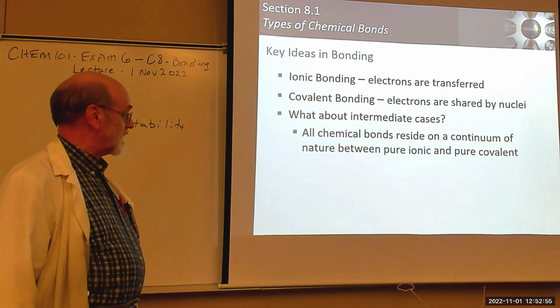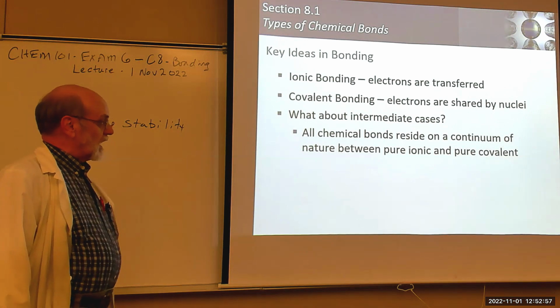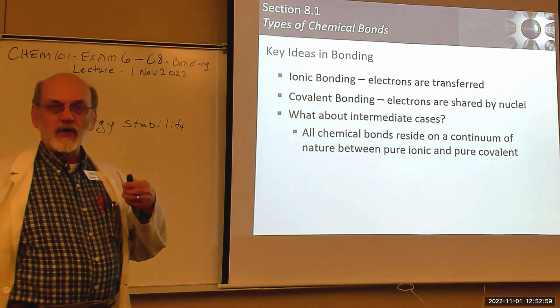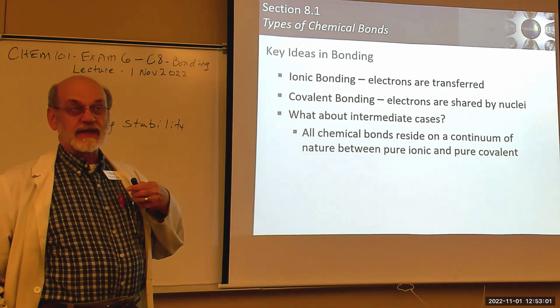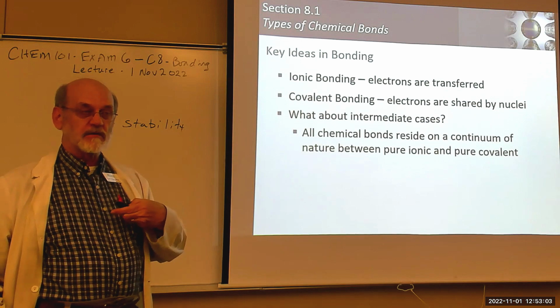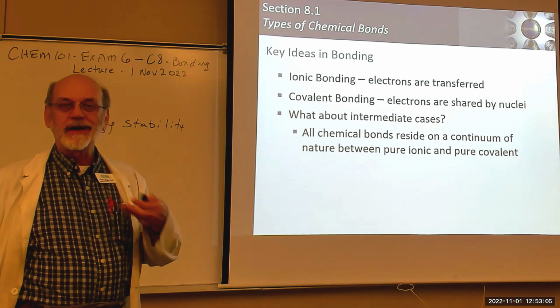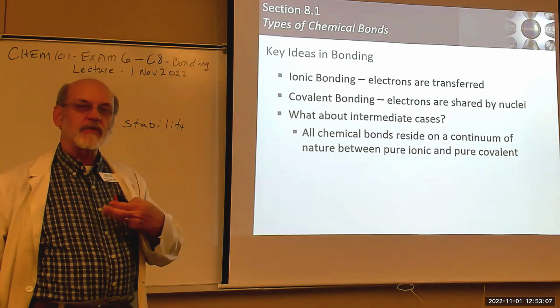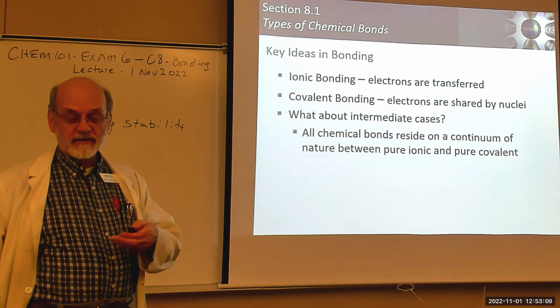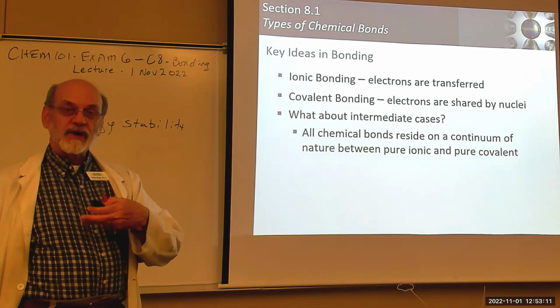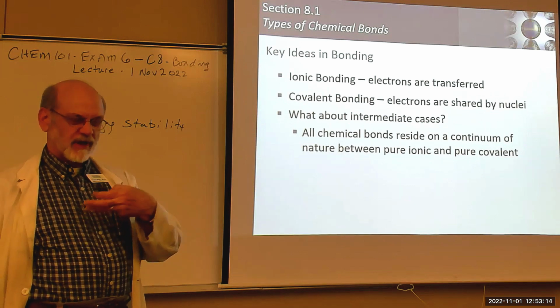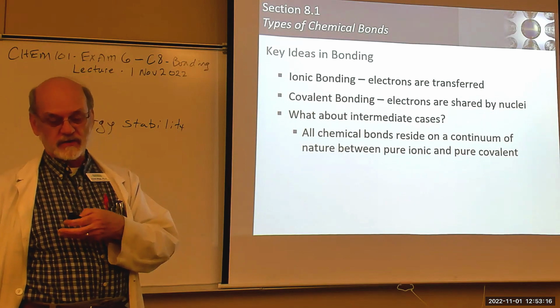There are intermediate cases, of course, and no bond is purely one or the other. Even the ones we consider virtually pure ionic still have some covalent character, and vice versa, covalent bonds will have a certain amount of ionic character.